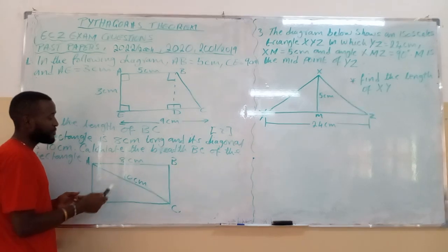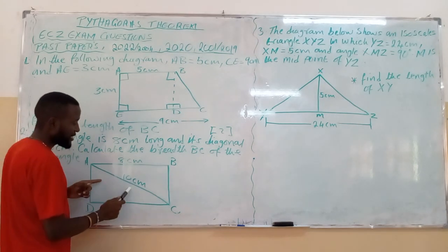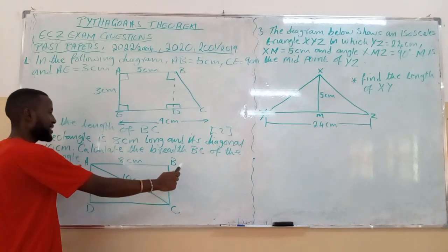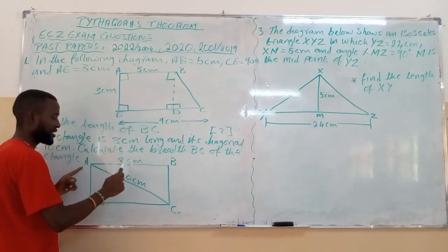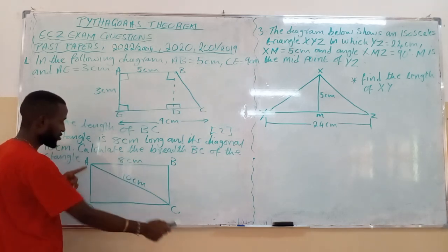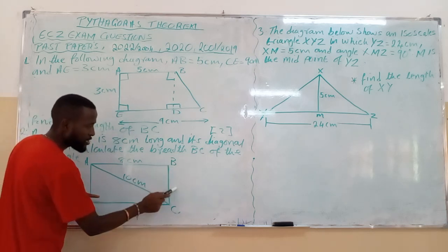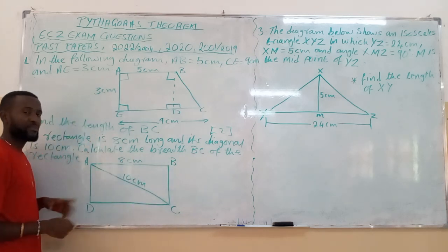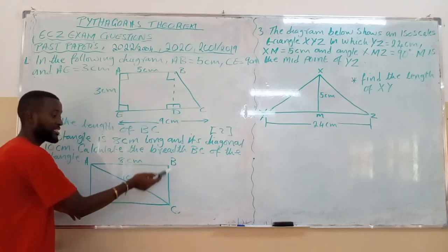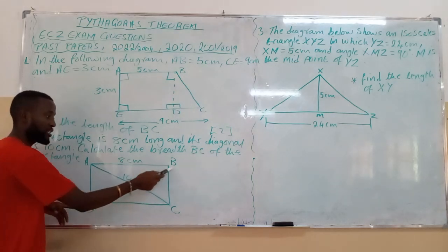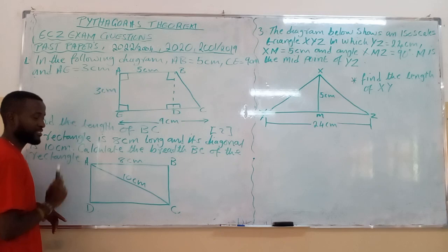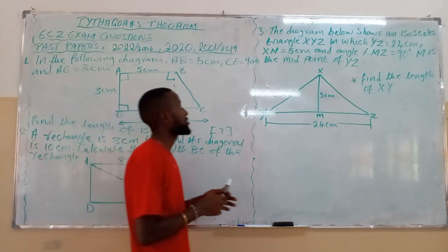Now, they are telling me that the diagonal is 10 cm. The length is 8 cm. What about the breadth? This should be smaller than this one. General knowledge. This distance is not equal to this one. So this distance is equal to this distance. We shall see how we shall work it out.